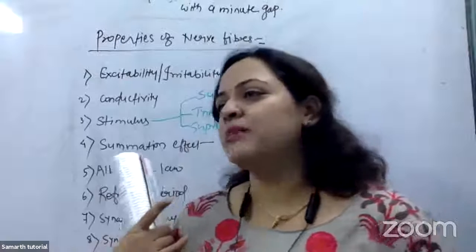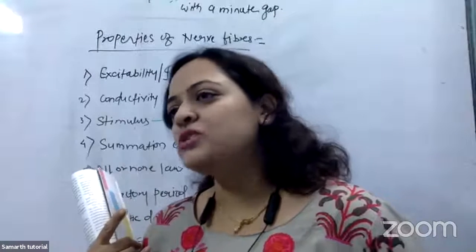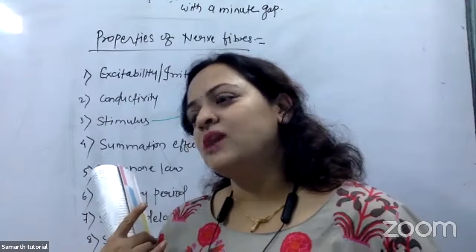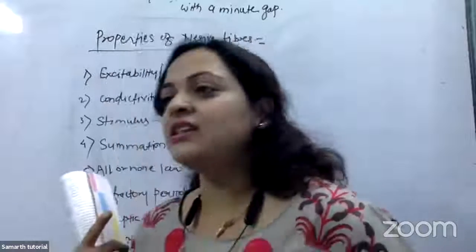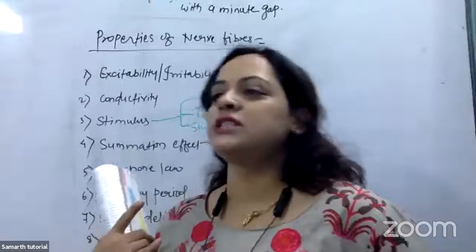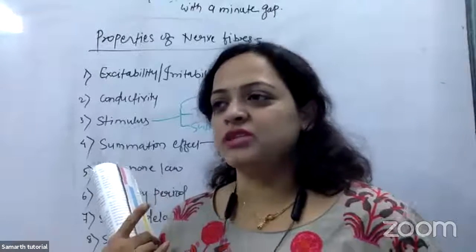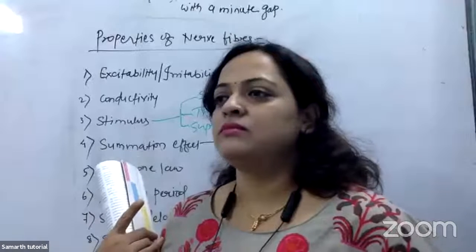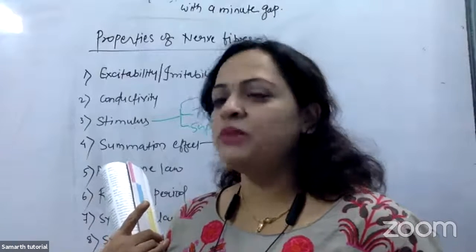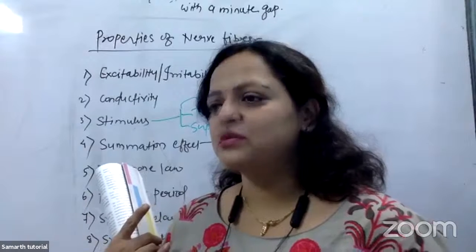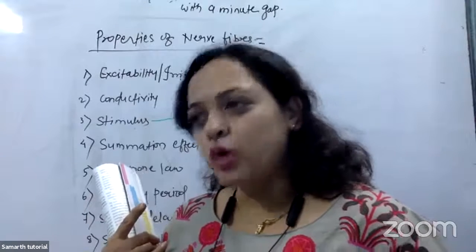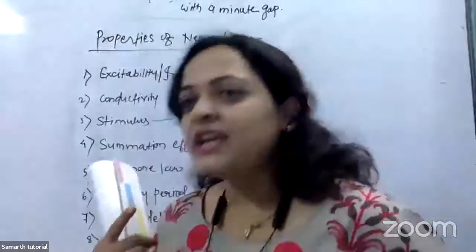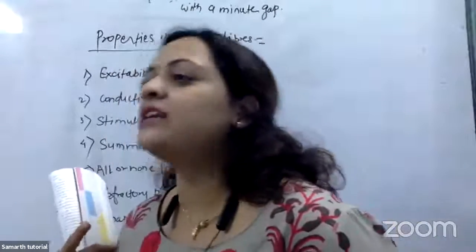The word itself, therm means heat. Homeo means those animals which maintain the internal environment constant. Whatever happens outside, the internal environment of the body will remain the same. Warm-blooded or cold-blooded? Warm-blooded. And poikilotherm means the internal environment of the body changes in agreement with the external environment.